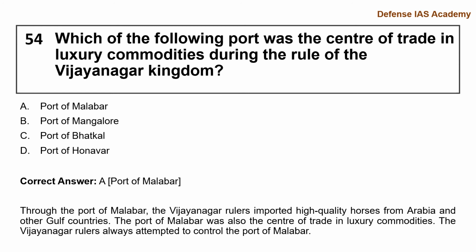So, the port of Malabar served as an entry point for high quality horses from Arabia and Gulf countries. The port of Malabar was also the center of trade in luxury commodities. The Vijayanagar rulers always attempted to control the port of Malabar.